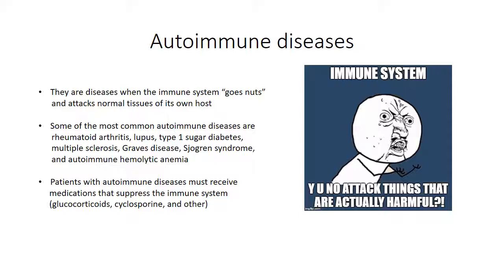We cannot do that. We can just suppress the entire immune system, making this person happier for a while, but prone to infections, by the way. Immunosuppressive therapy is not indifferent; it makes you more susceptible to infections.